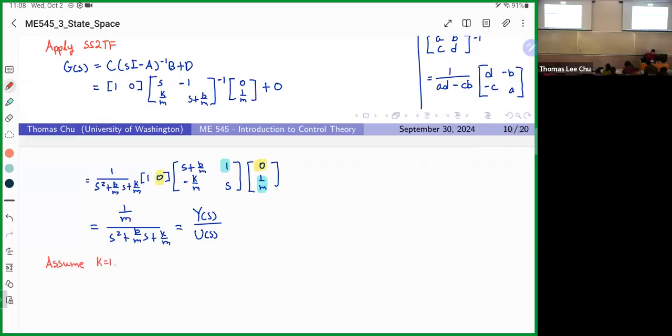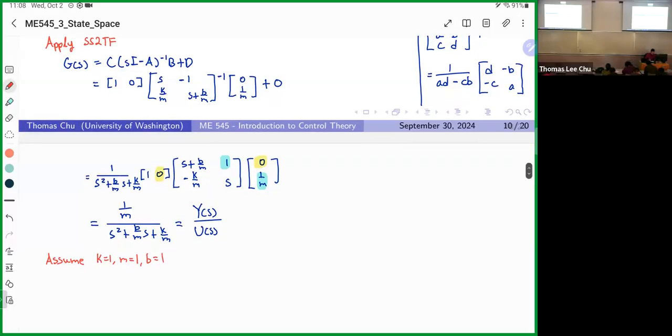K equal to 1, mass equal to 1, damping coefficient equal to 1. Okay, let's determine the output response. Find the output response for a unit step input.